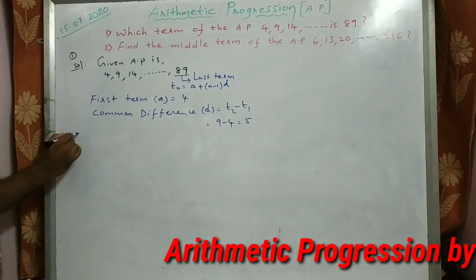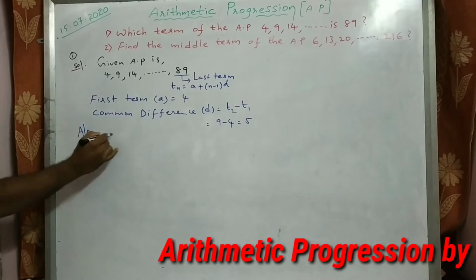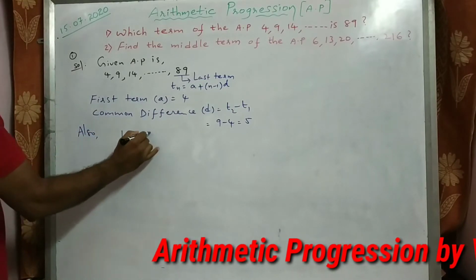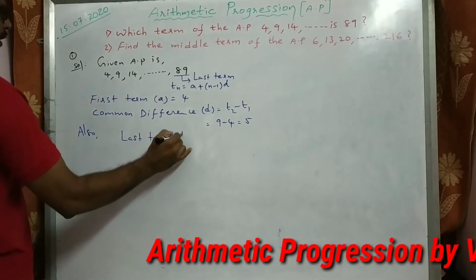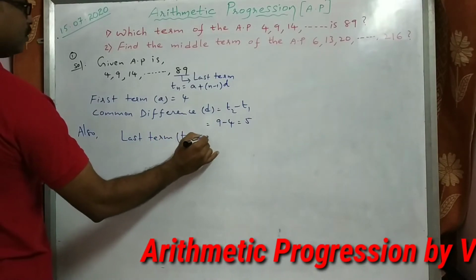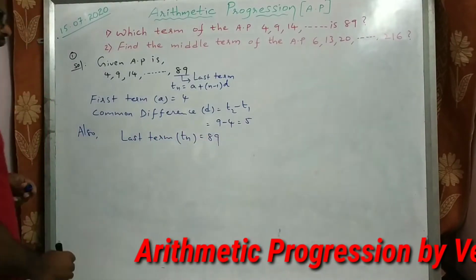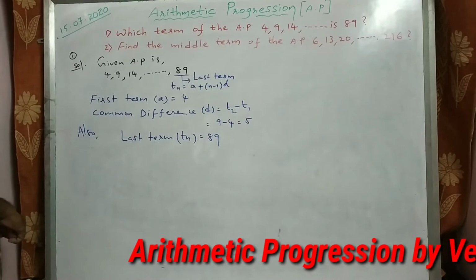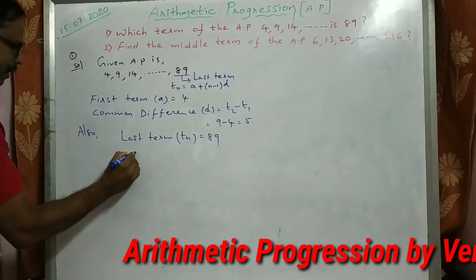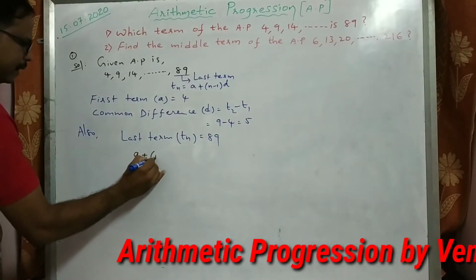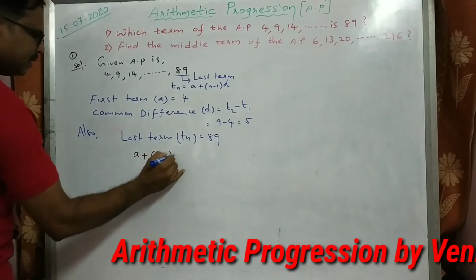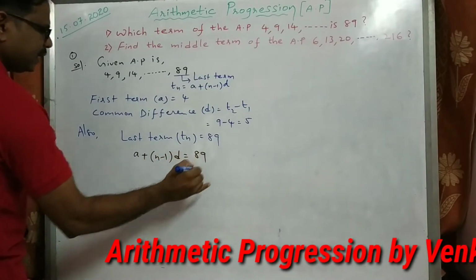Also, last term Tn equal to 89. We should find the value of n, right? So the formula for last term: A plus n minus 1 into D equal to 89.